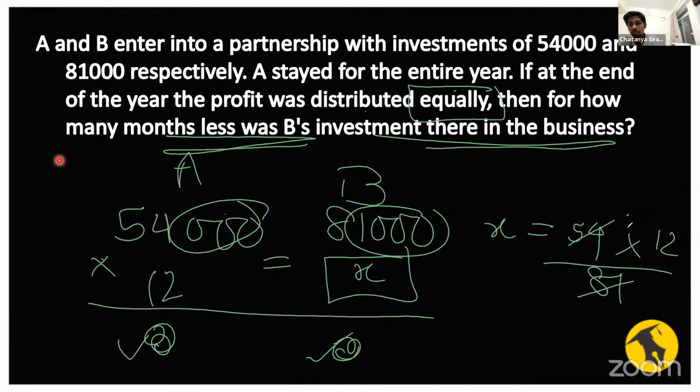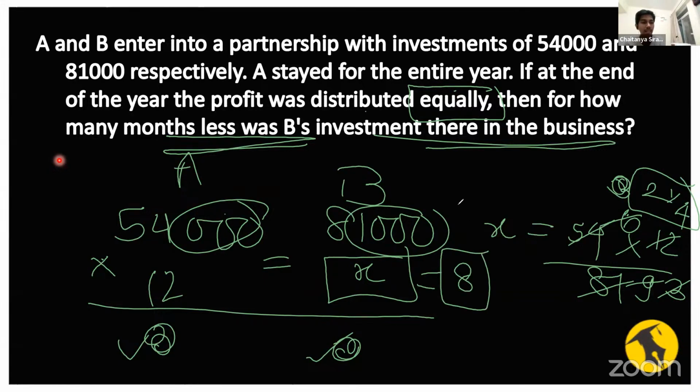So this is 9 6 and I'll get 9. I can divide by 3. So this is 3 2 3 2 and 3. I can divide by 3. I'll get 4 here. So 4 into 2, that gives me 8. So B must have stayed for 8 months.